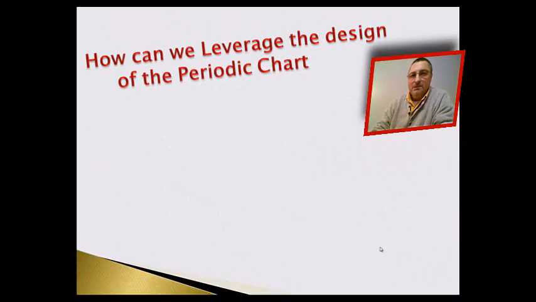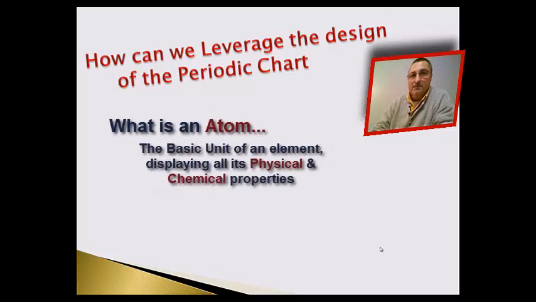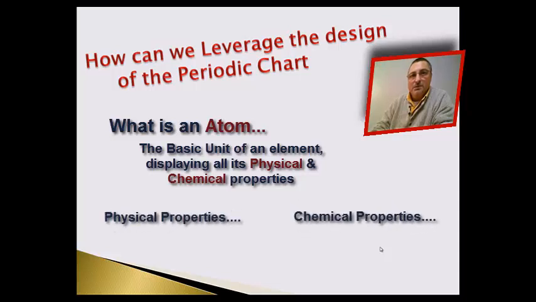Now, if I wanted to look at one unit of an element, say one representative unit of hydrogen, then that's what's known as an atom of hydrogen. And an atom of hydrogen will have all the physical and chemical characteristics that would be representative of hydrogen. Quickly, what are physical and chemical characteristics? Physical would be, how does it look? How does it burn?